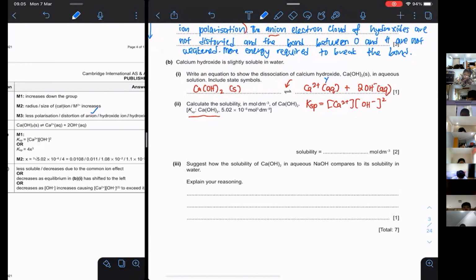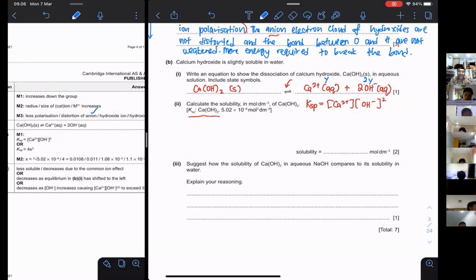If the solubility is Y, 1 mole will give you Y, and the hydroxide is 2 times that, so it's going to be 2Y. The amount is double.